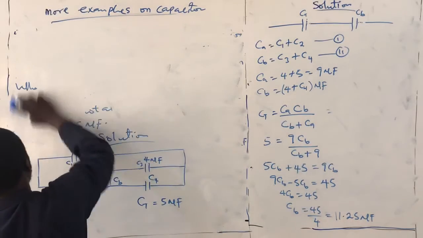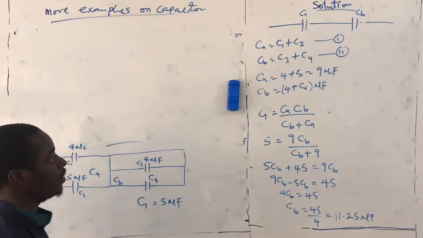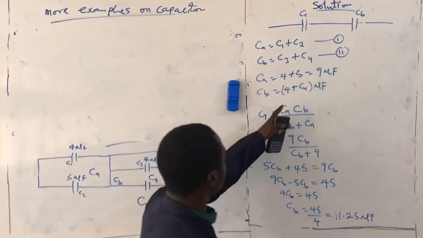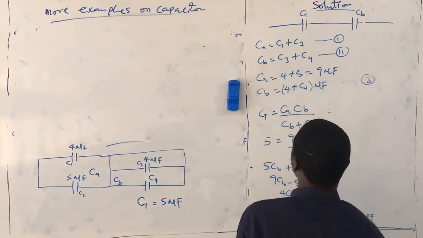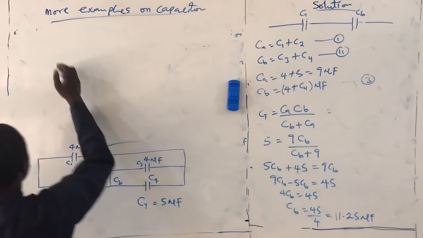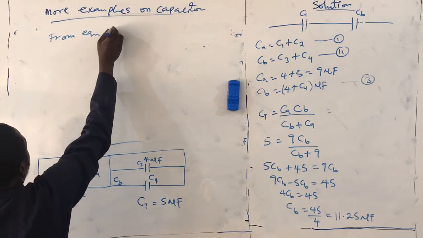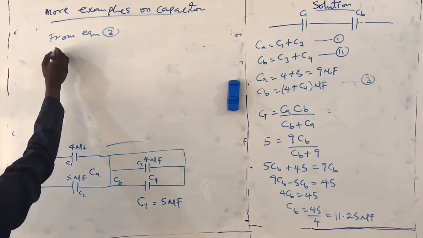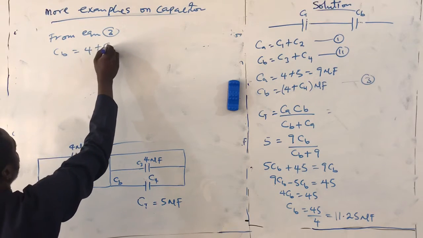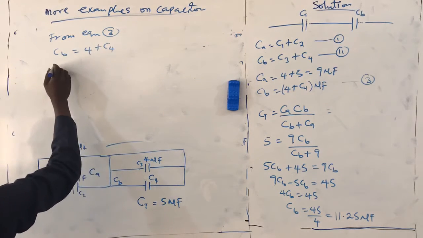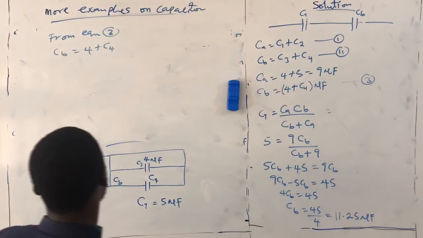Since we know our CB, then definitely we can know the value of our C4. Let's say this one is equation 3. From equation 3, CB is equal to 4 plus C4, and our value for CB is now 11.25.